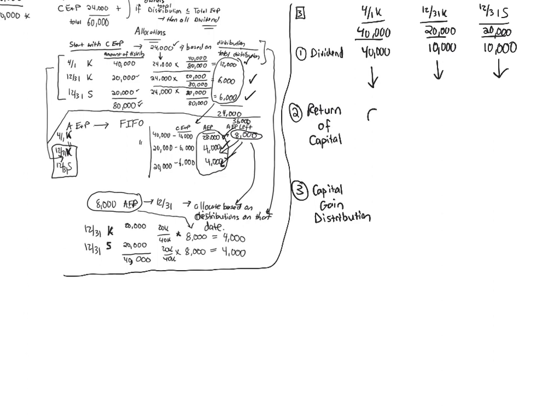So this, of course, is going to be 0 and 0 because we have enough to cover that transaction right there. That means our adjusted basis remains $24,000 after the second level of the waterfall. Okay?